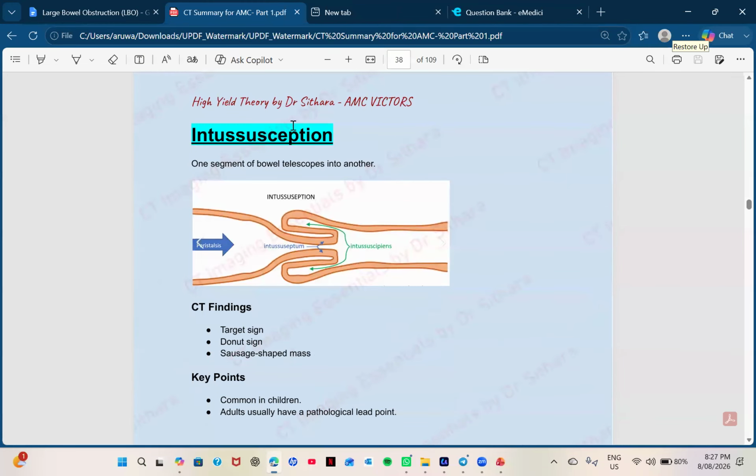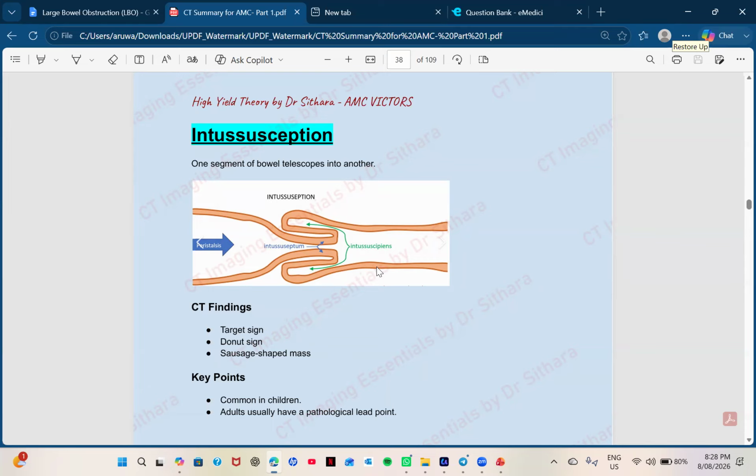Next one, intussusception. So how does intussusception present? Intussusception means what? We have the telescope, right? Telescoping. So what is invagination, right? In which organs can you see it? What is intussusception, doctors?